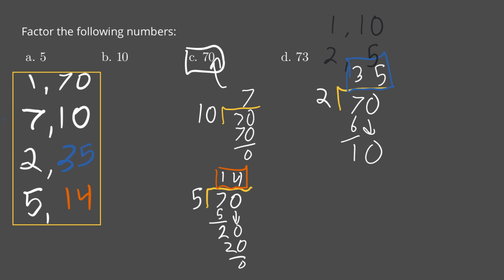All right, on to the last number. Let's work on option D, which is 73. So just like all of the other problems, the first factors we always have is the number 1 and the number itself, which is 73.